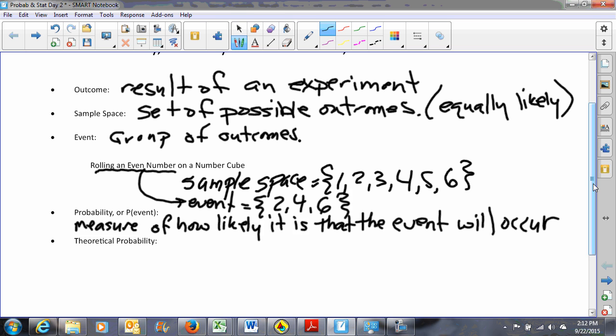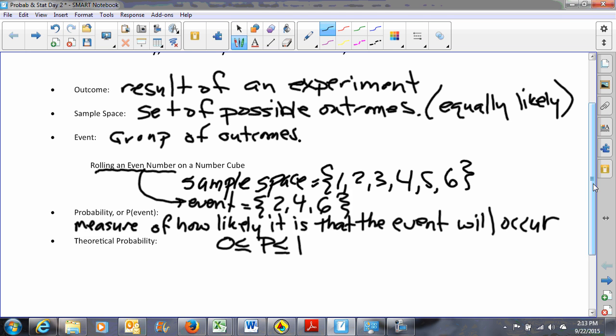Now, all of these probabilities have numbers somewhere between 0 and 1, because let's say our experiment is to roll a die, and our event is we're going to get a number between 1 and 6 inclusive, then that's definitely going to happen. And so we would say the probability is 1 or 100%.